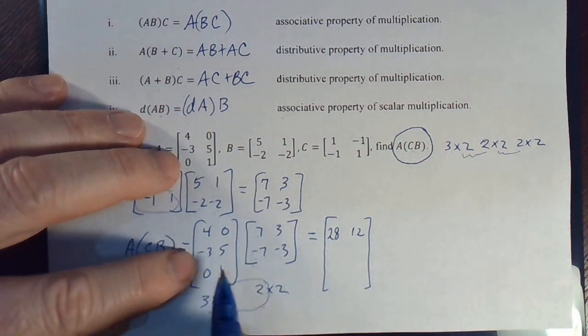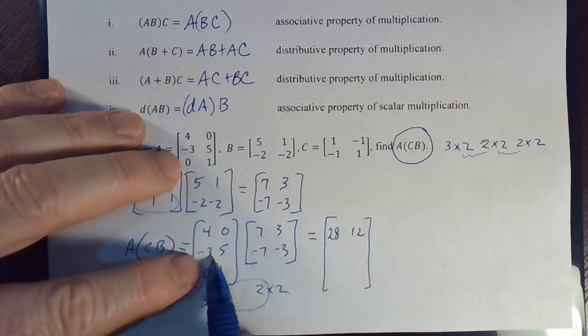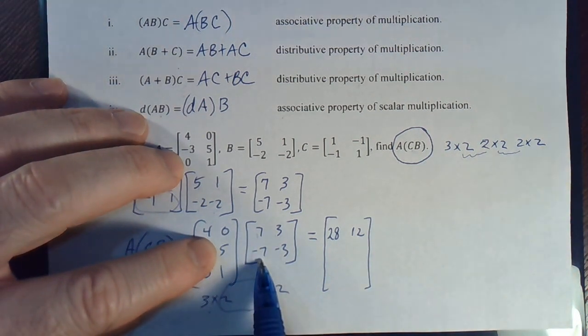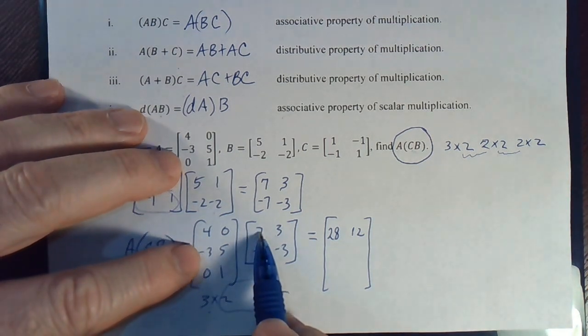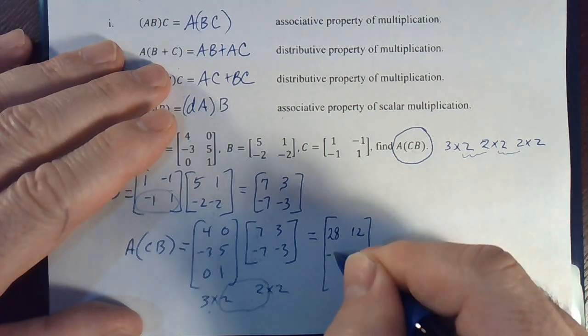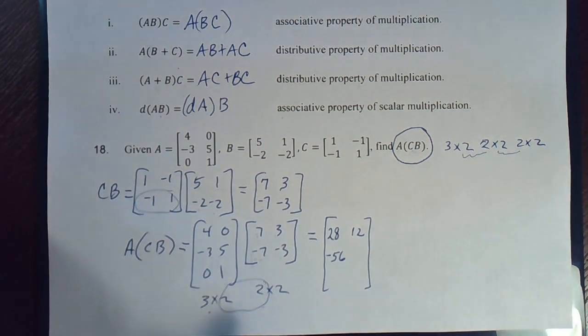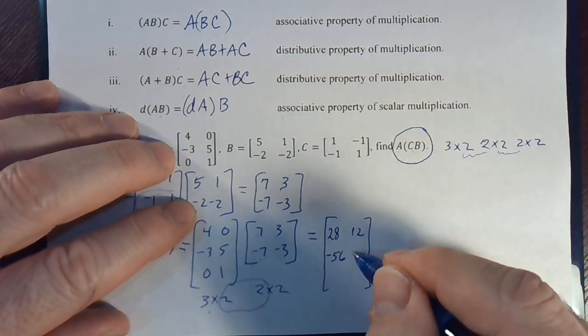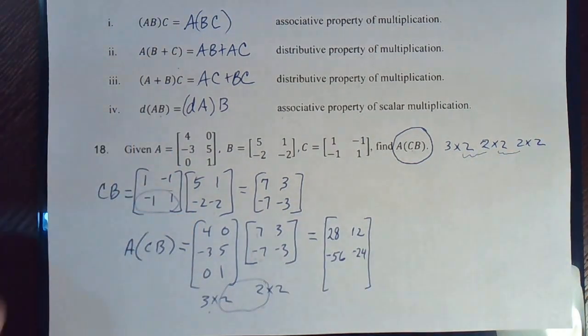Second row, so we drop down to the second row, and we get negative 3 times 7, negative 21, and negative 35. Negative 21, negative 35, is that negative 56? 21 and 35 is, yeah, they were both negatives. So then we get negative 9, negative 15, which is negative 24.